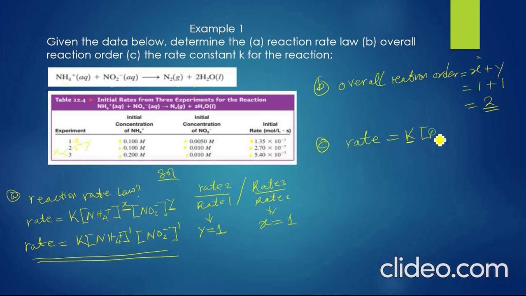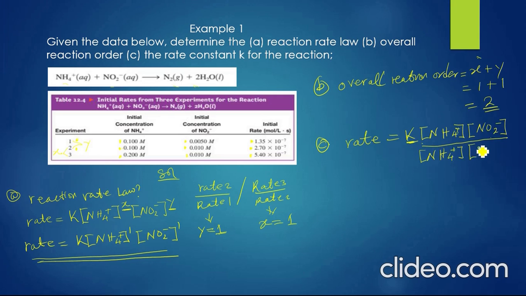So we're going to use this one like this, and then even if you don't indicate the powers, it's okay, because 1 is the same as this, so you can just ignore it like that. And then don't forget, so we're going to use this one here, and then we're going to make rate constant K the subject of the formula. So how can we make that K, the rate constant, the subject of the formula? We're going to divide both sides by the ammonium ion concentration we are having here, like that.